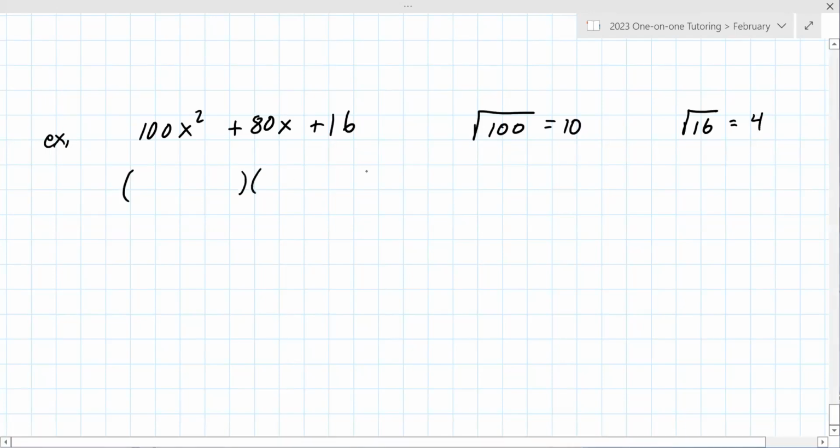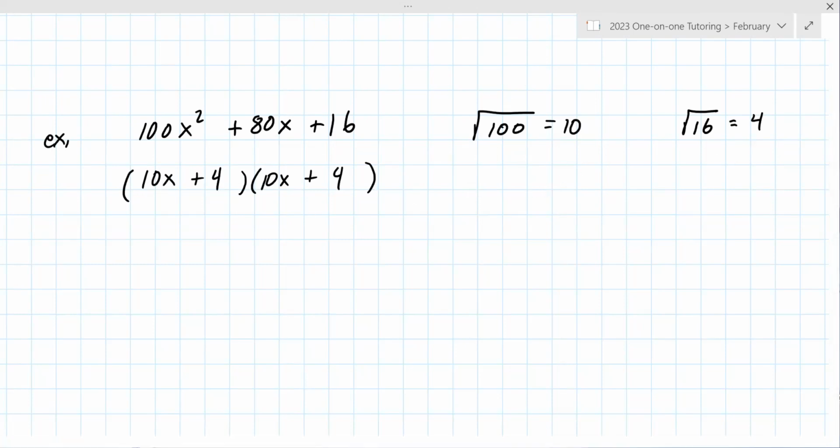So this becomes 10x plus 4 and 10x plus 4. Do you see where those numbers come from? The 10x, the 4? It's the square roots of those first and last numbers, if you can take the square roots from them.